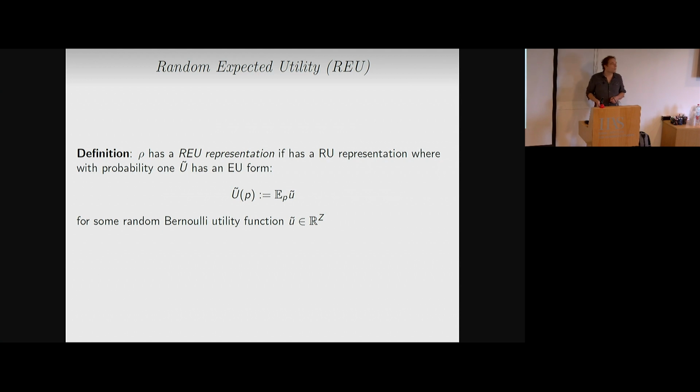This is a representation. I think the wording here is misleading, where with probability 1 all the utilities are expected utility. So there could be utilities that aren't necessarily expected utility, but there could still be an aggregate representation that is.